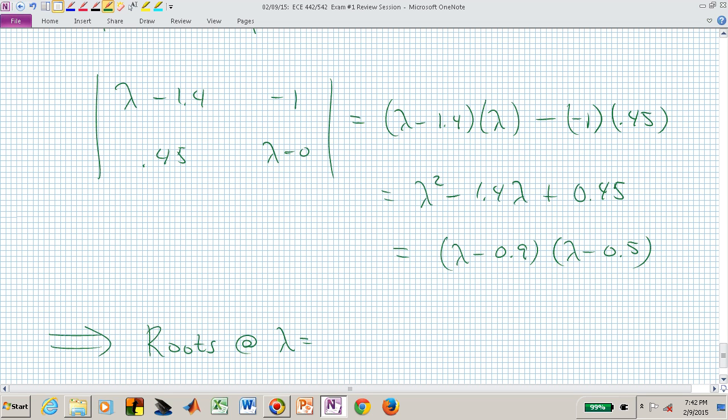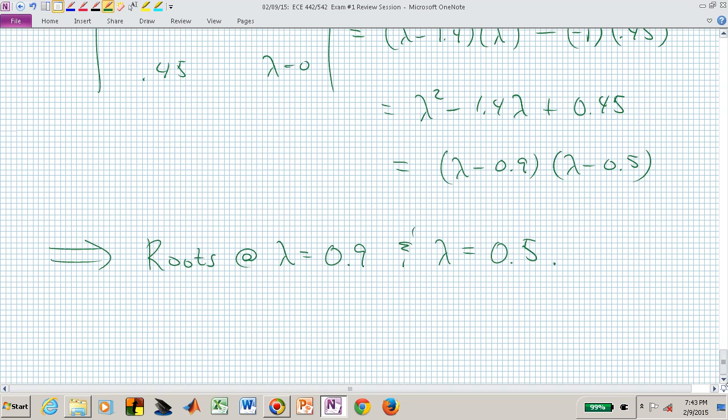You have roots at 0.9, or values of lambda that cause that to vanish. They are now at 0.9 and 0.5. Oh, we needed to answer the stability question. Both of those have a magnitude less than 1, so your system is stable.